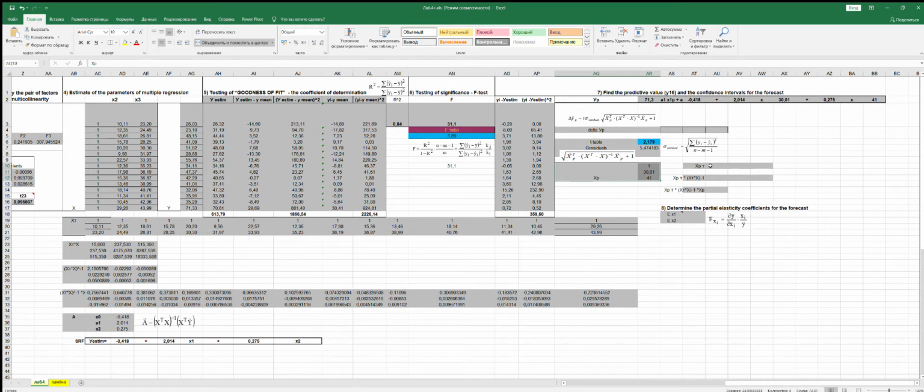And now we need to transpose it. To define the transposed matrix, we use a special paste, transpose. Okay.